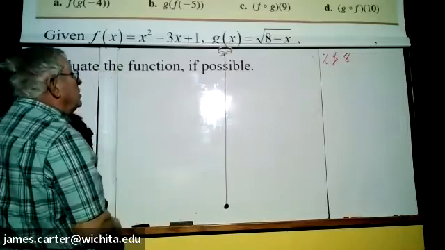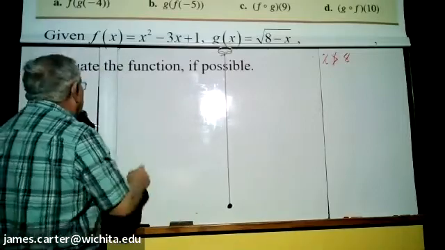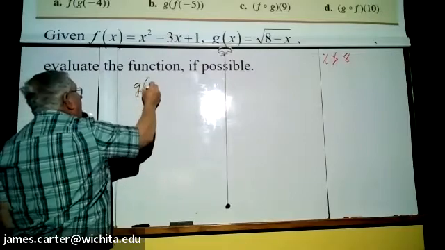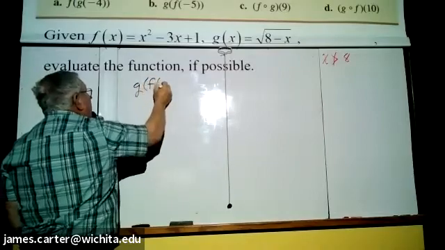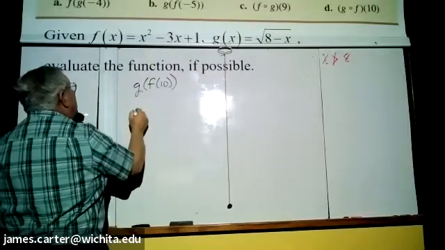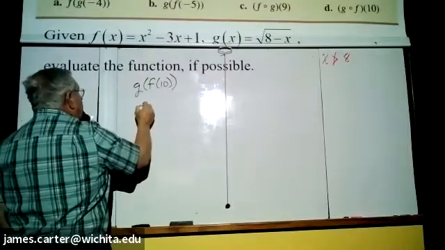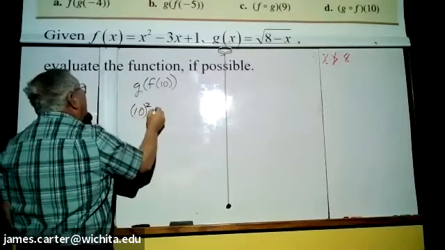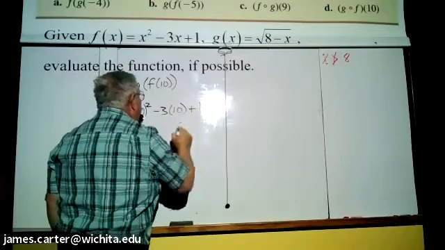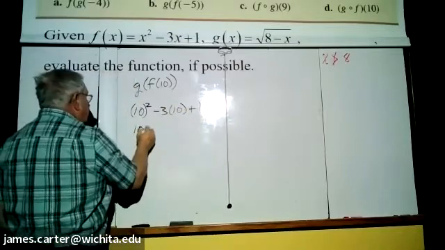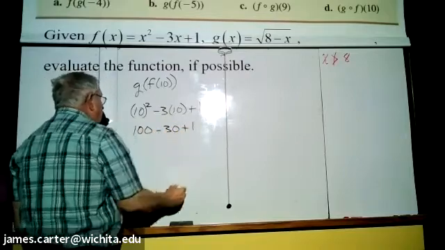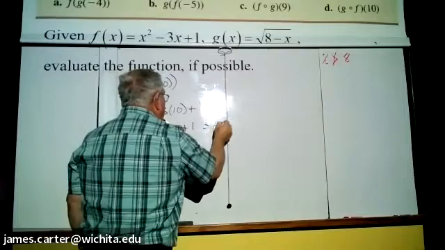Let's try G of F of 10. So we're going to take the F equation and replace the x's with 10s. This is 100 minus 30 plus 1, which is equal to 69.